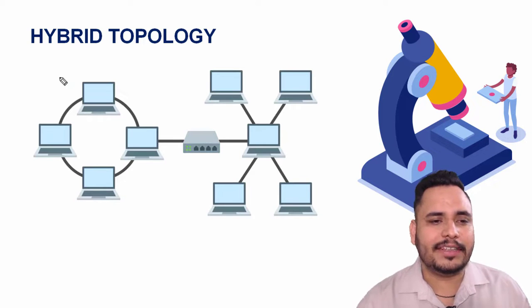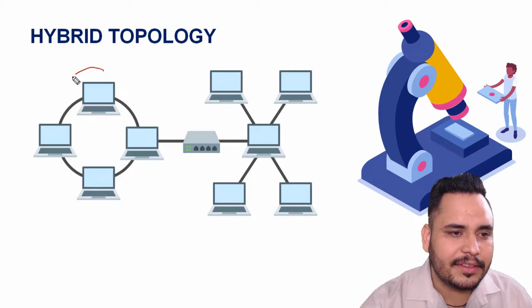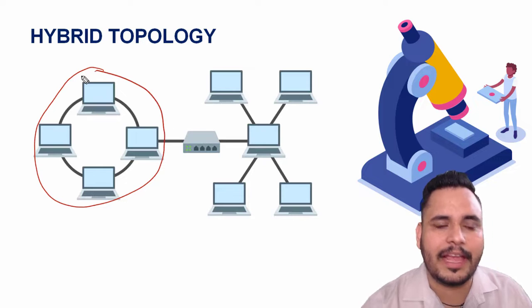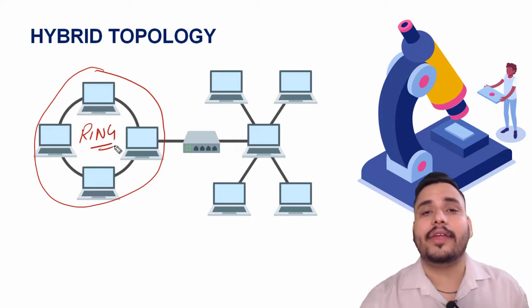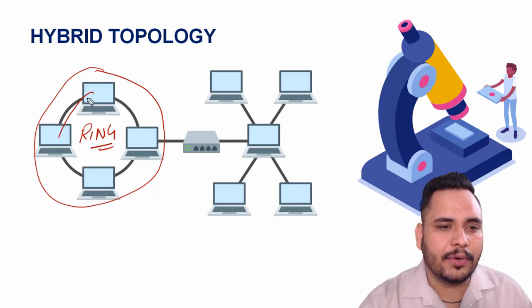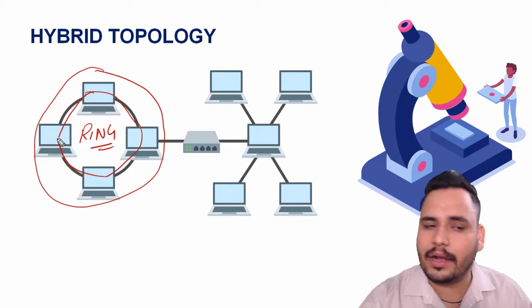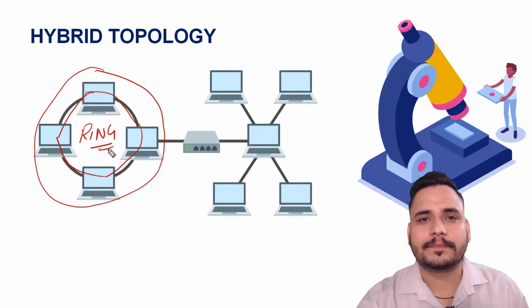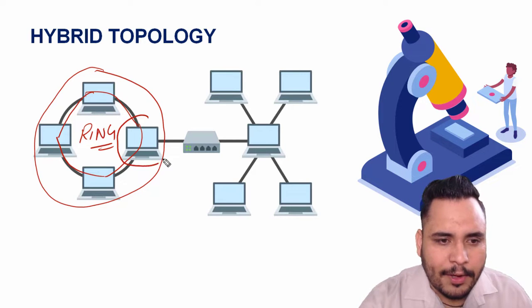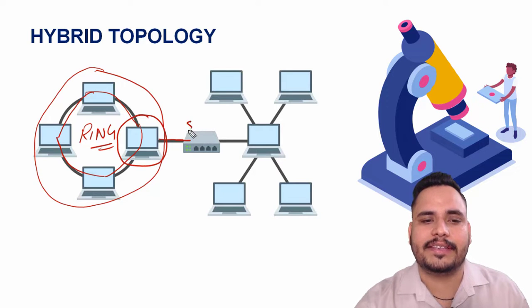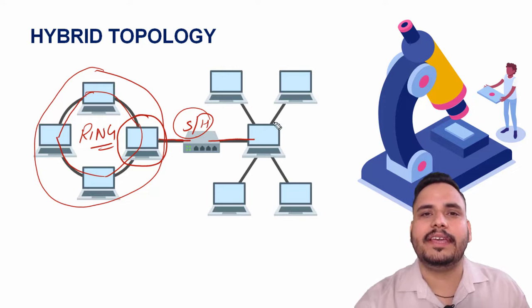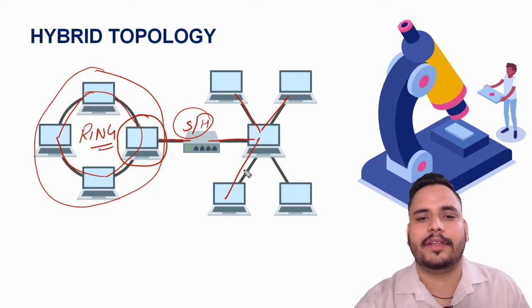So, if you are watching the design, you can check. This is a topology that we have discussed before, ring topology, because in ring topology we can use our devices in a circular ring and tokens are passing. But here one of the ring topology devices is connected to a centralized device, switch or hub, and the hub is connected to PCs, and then the PCs are connected to another device.